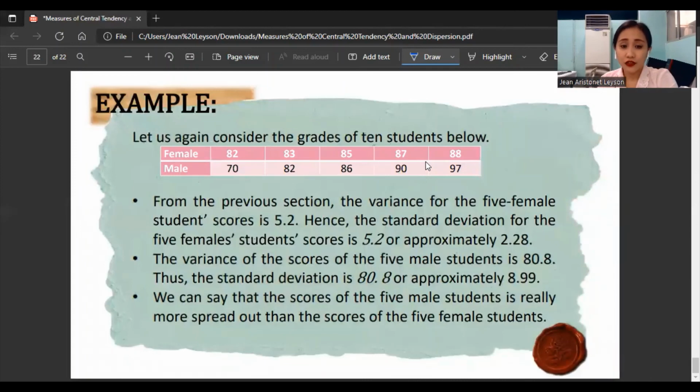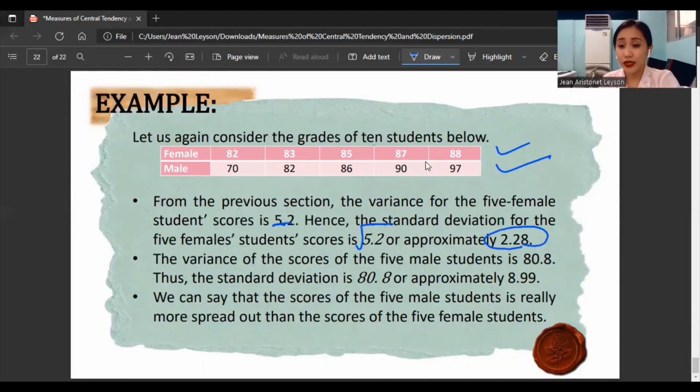Let us again consider the grades of the 10 students below. From the previous section, the variance for the 5 female students' scores is 5.2. Hence, the standard deviation for the 5 female students' scores is the square root of 5.2, which is approximately 2.28.